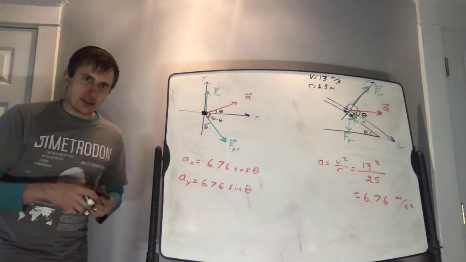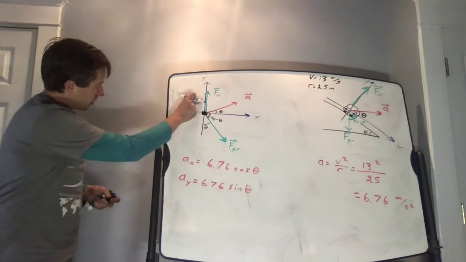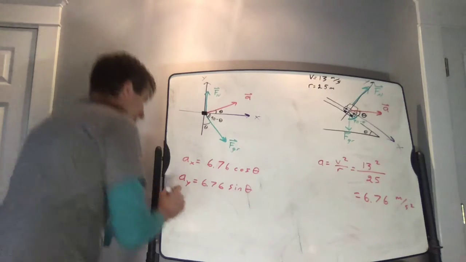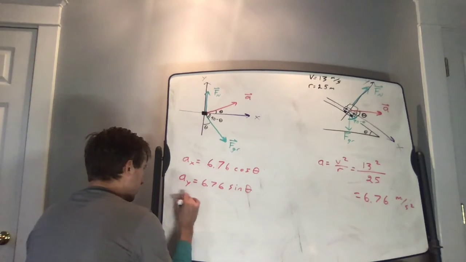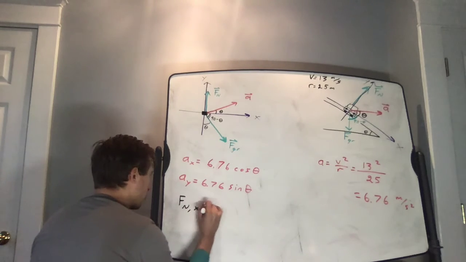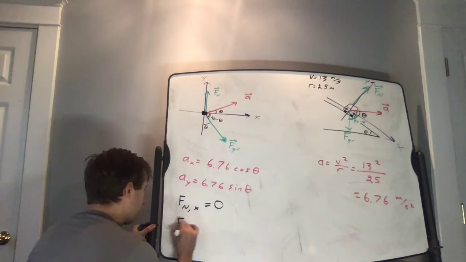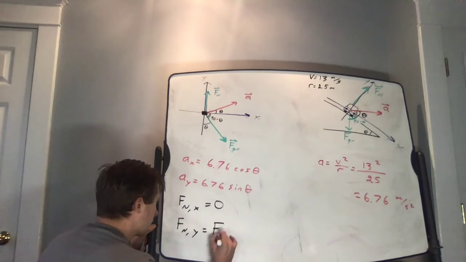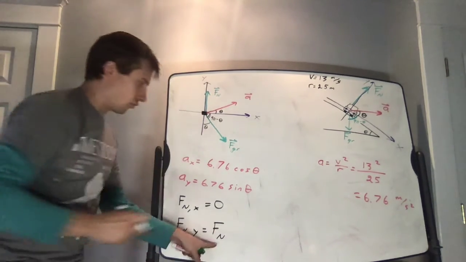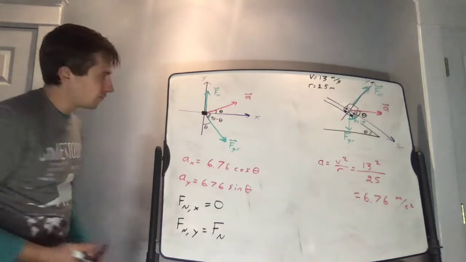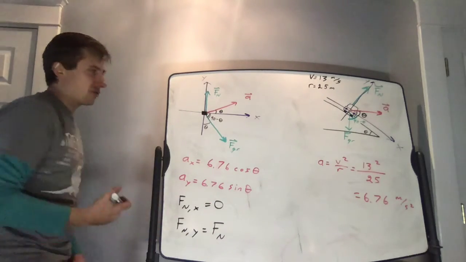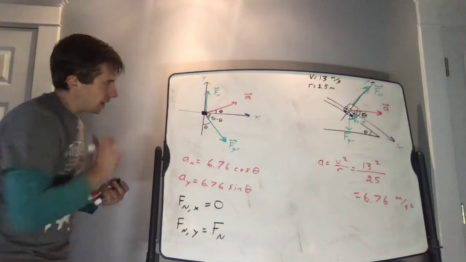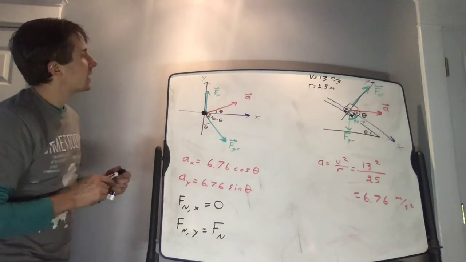Now I will write the components of the normal force in the x and the y direction. I could write F normal in the x direction will be 0. F normal in the y direction will be the entire magnitude of the normal force, whatever that number happens to be. In this problem, it turns out we won't even need to calculate what F normal is, and you'll see why when we begin calculating it.